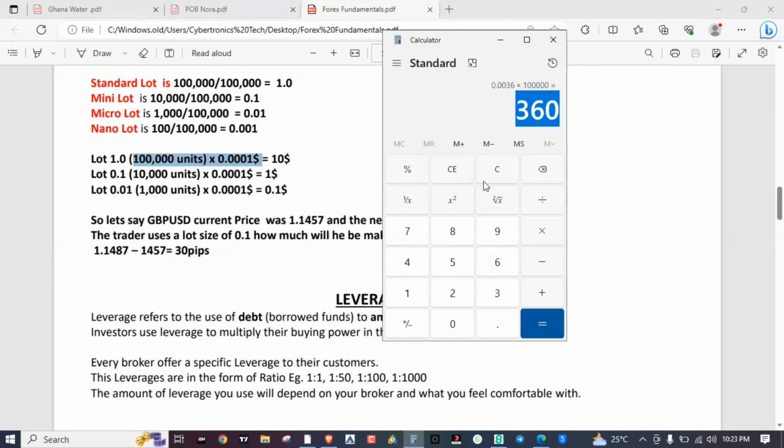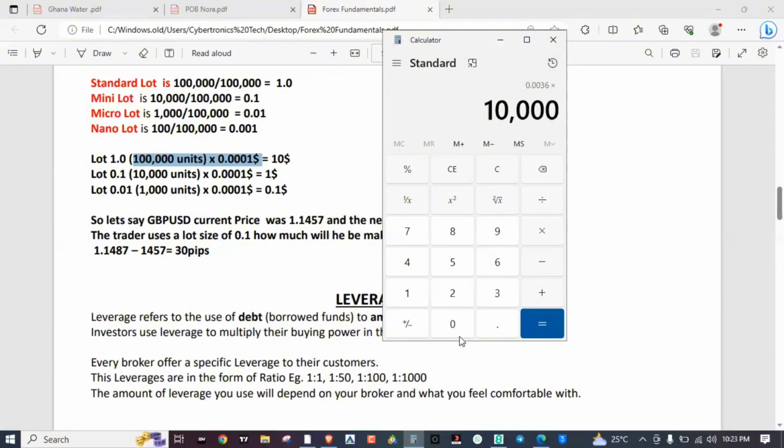$360. Meanwhile, the same time, the same place, Kwame also bought, but he bought 0.1, that's the mini, which is 10,000 units. So the same 0.0036 times 10,000, because that is mini.